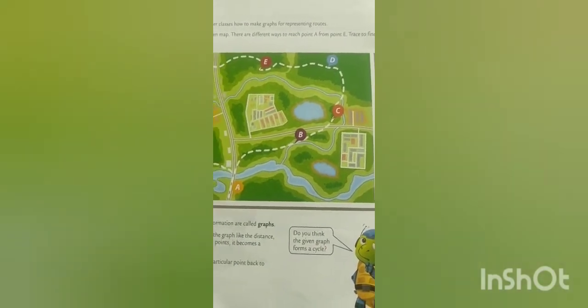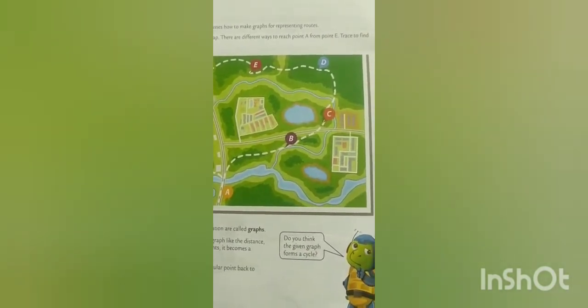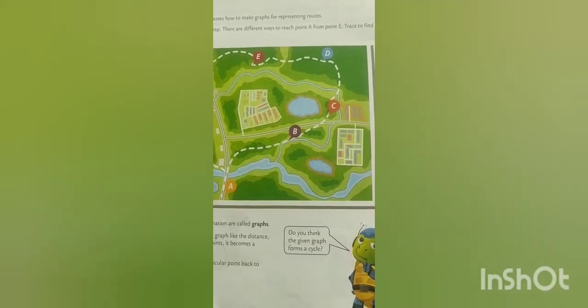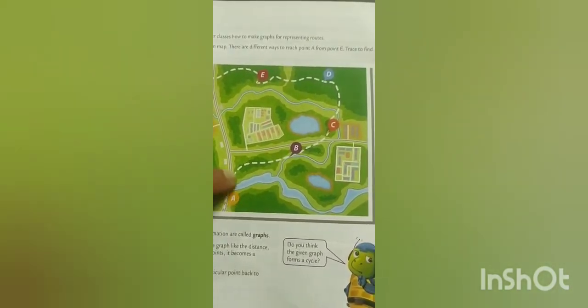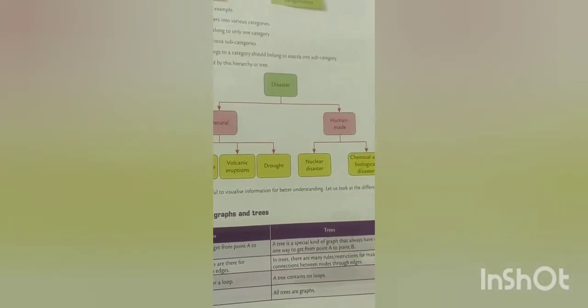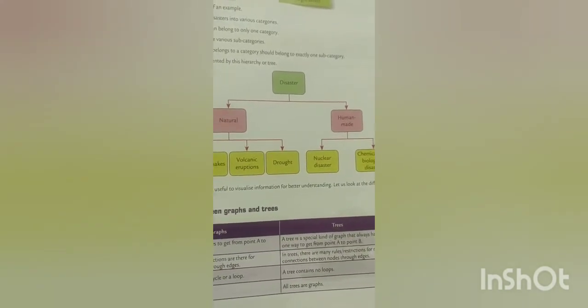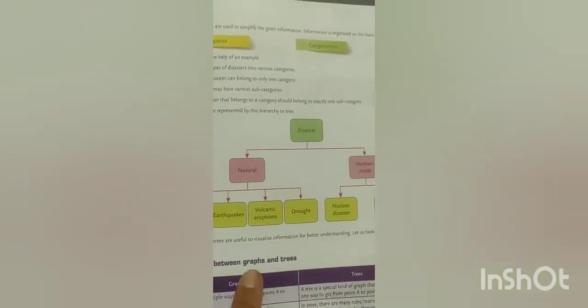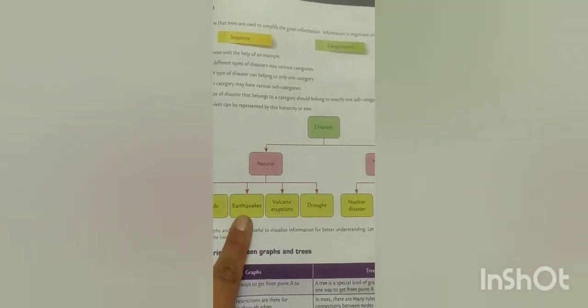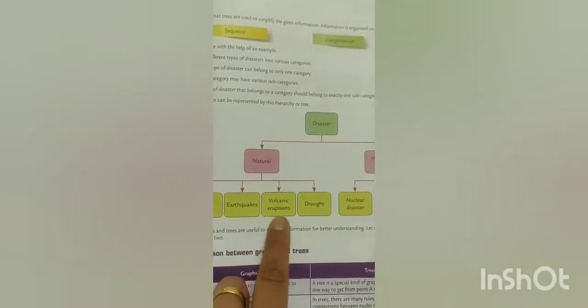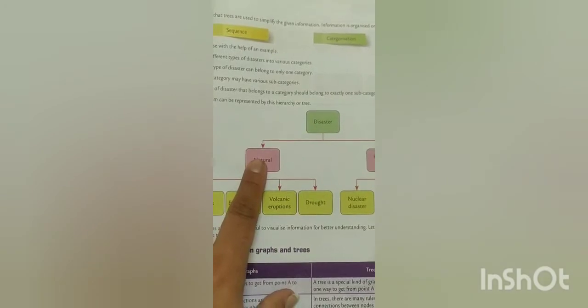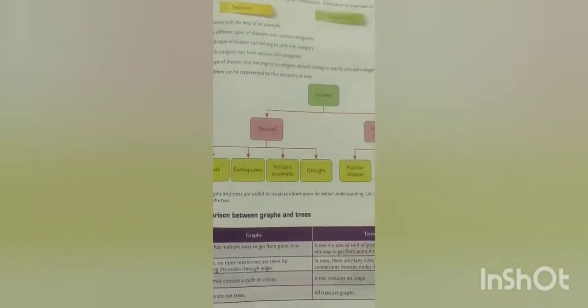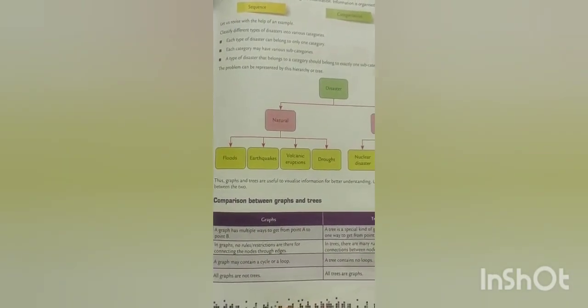So they are saying in graphs, no rules and restrictions are there for connecting nodes through edges. Like, directly there can be an edge from A to E also. But in trees, there are rules to follow for connecting nodes through edges. Like we saw that particular types of nodes or elements can belong to only one category. So there are rules to be followed in trees.